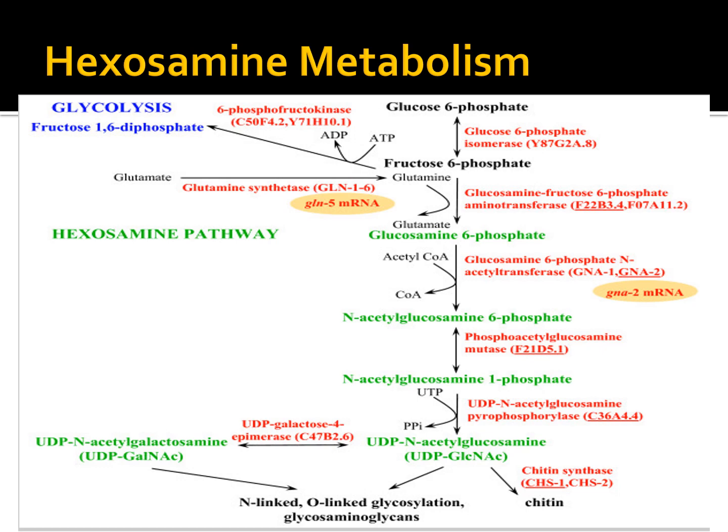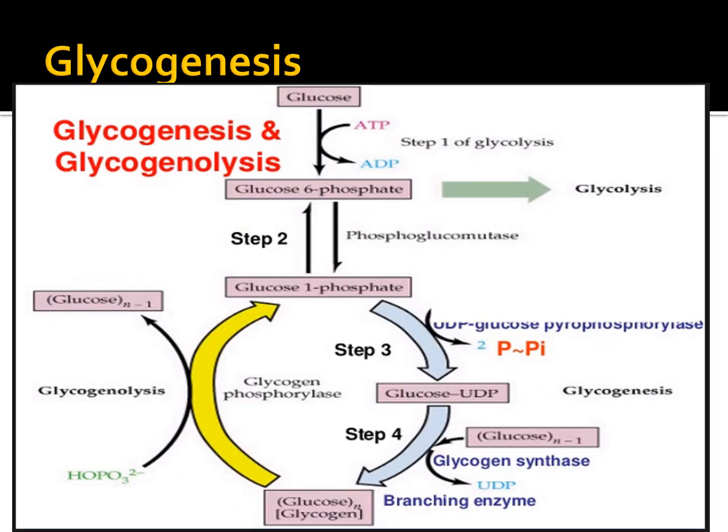So your hexosamine pathway would provide your alternative pathways, bringing back your glucosamine 6-phosphate, your N-acetylglucosamine 6-phosphate with reversible products, bringing it back to your fructose phosphate and your UDP-N-acetylglucosamine and your UDP-N-acetylgalactosamine. And this would be a separate lecture.